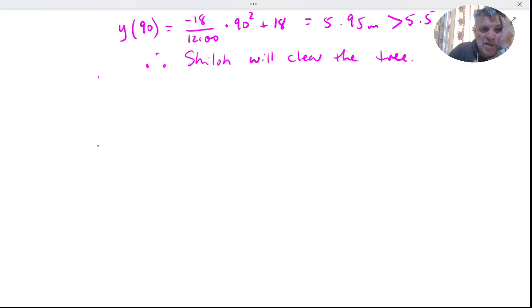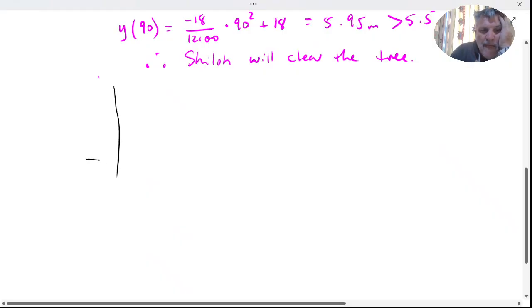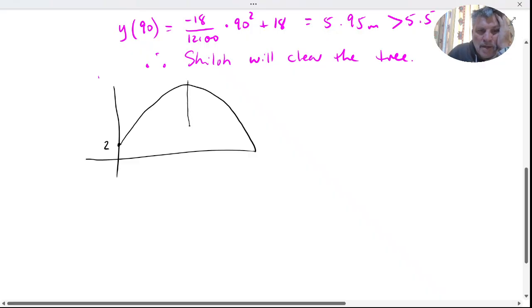So let's redraw the picture. We're up here at 2 meters. We've got a parabola that has its apex there at 110.